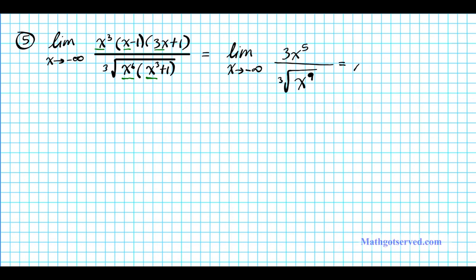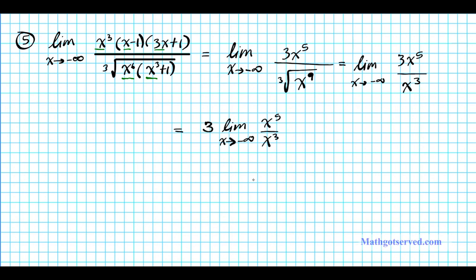Let's simplify this further. We have the limit as x approaches negative infinity of 3x to the fifth over the third root of x to the ninth, which is the same thing as x to the 9 over 3, which is going to be x to the third power. Okay, so now what are we going to do? We can factor out the constant, factor out 3, doesn't really play a role here. And then we're going to look at the limit as x approaches negative infinity of x to the fifth over x to the third.